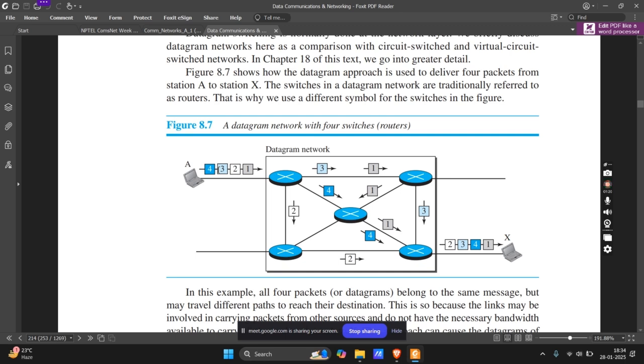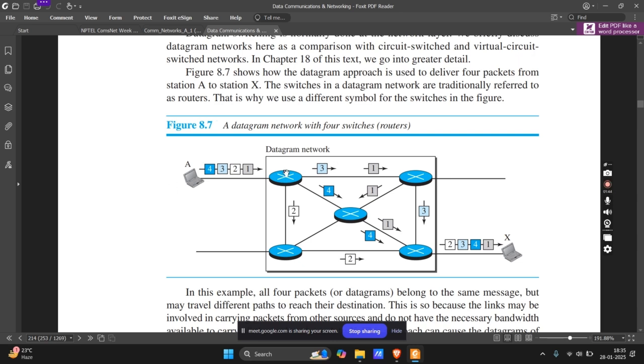But all packets will be of 10 KB. If you have more data, you will have more packets, but each packet size will be the same, irrespective of the total size. So data is getting divided into small chunks. These are called packets. Now these packets need to get transmitted to X.